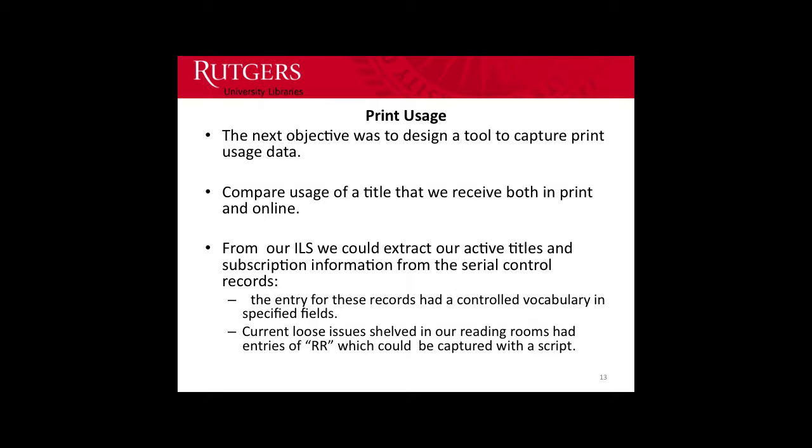We used very little free text in saying whether it went to a reading room or what happened to that title. So RR meant reading room, and it was in a particular place in the particular part of the serial control record, so we could extract everything from every library that was in a reading room. So it was a current periodical.